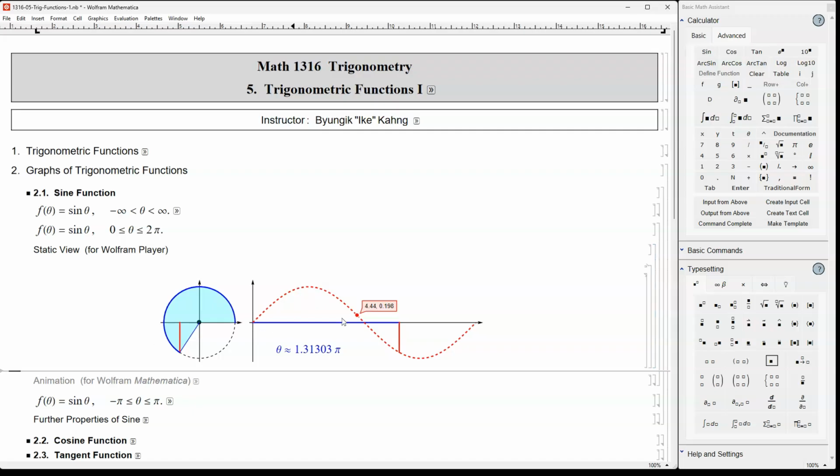The arc length versus the horizontal is a bit hard to see, but the vertical and the y-coordinate are not too difficult to see, because you can see this vertical length and that vertical length are precisely the same, no matter how many times I run this program.